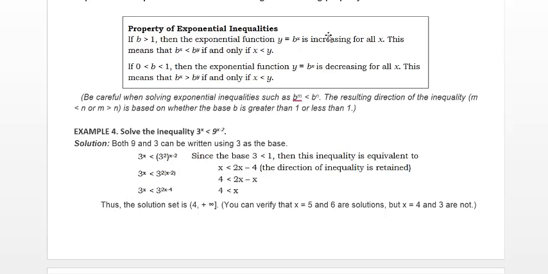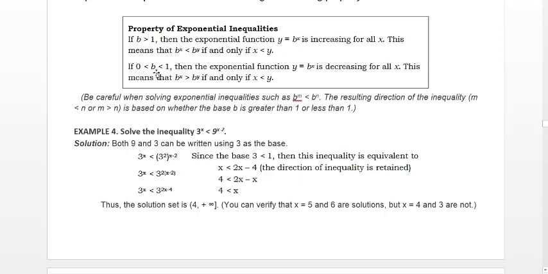Guys, napaka-technical lang ng pagka-define ng properties na ito. But what it entails is that if b is greater than 1, then this is always the case. B raised to x is always lesser than b raised to y if and only if x is less than y.